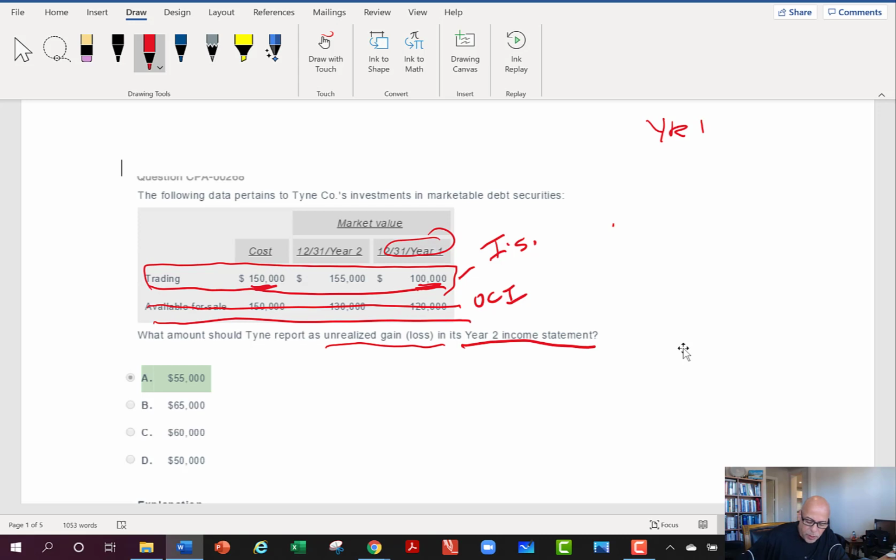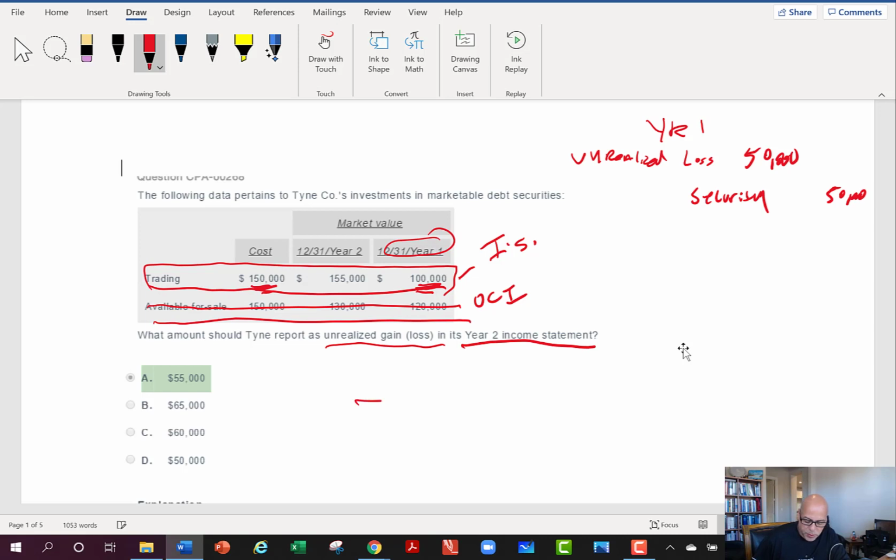In year one, I would have debited the unrealized loss for 50,000, right? That's the difference between the 150 and the 100. And I would have credited the security. We'll just do the security. I'm not going to use a valuation allowance here.